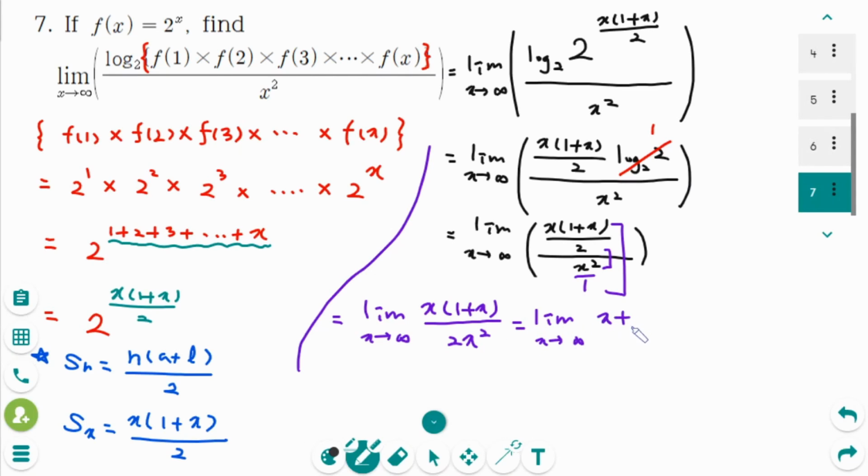This one is x plus x squared over 2x squared. This is infinity over infinity form. Now I want to use a shortcut. The highest power of a denominator is x squared and 2x squared. When simplify this one, the answer is 1 over 2. That is the final answer.